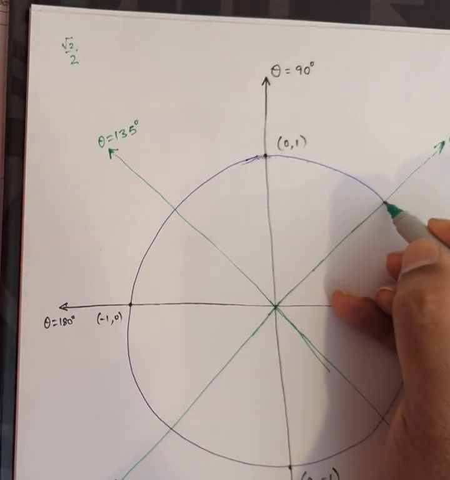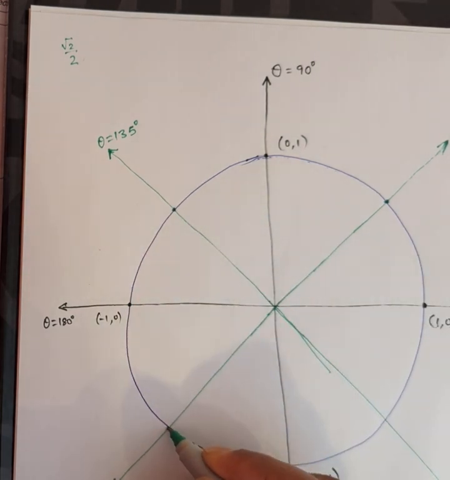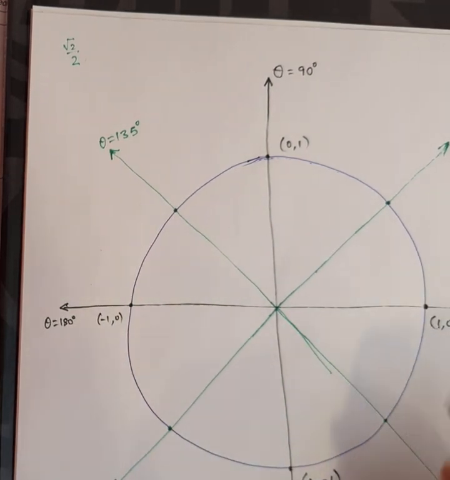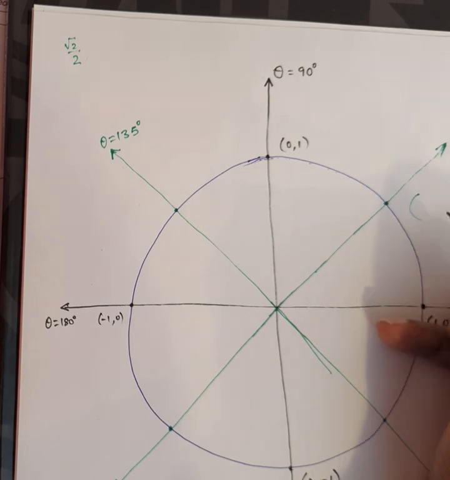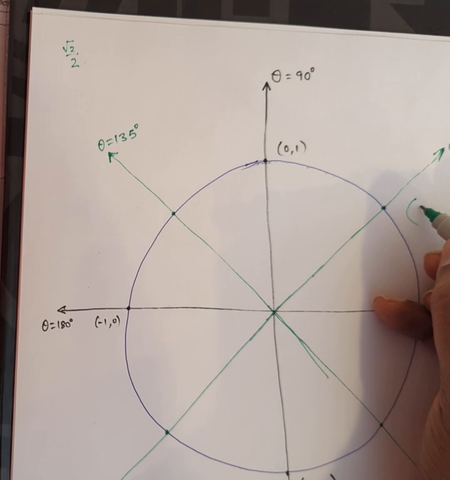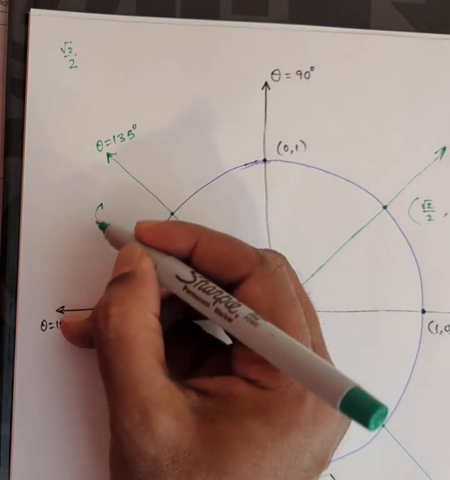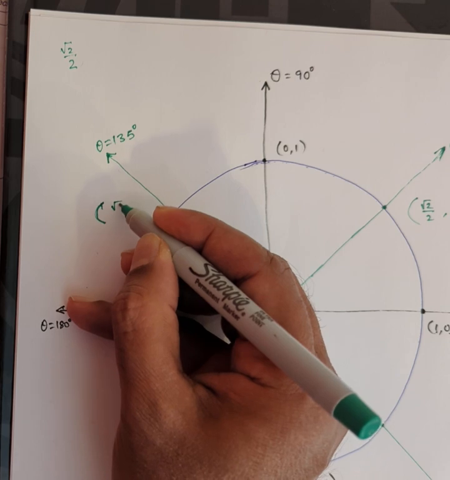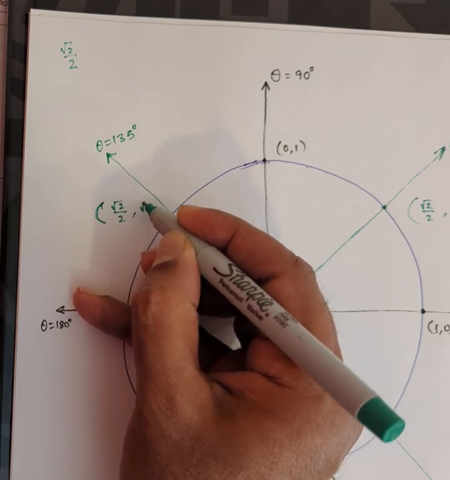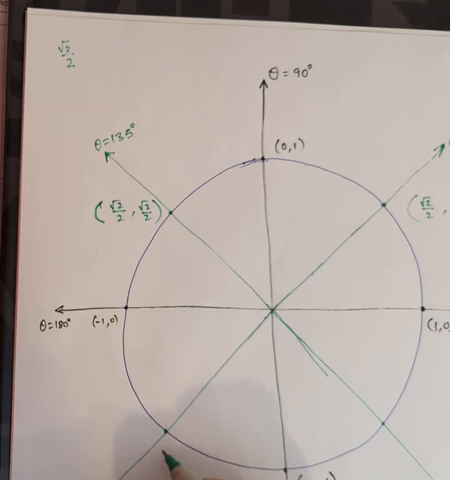And these 4 points, both coordinates have the same magnitude, root 2 over 2. So let's go ahead and write down root 2 over 2, root 2 over 2 everywhere for all these 4 points. And we will supply the negative signs later on. So let's focus on the magnitude for the time being.